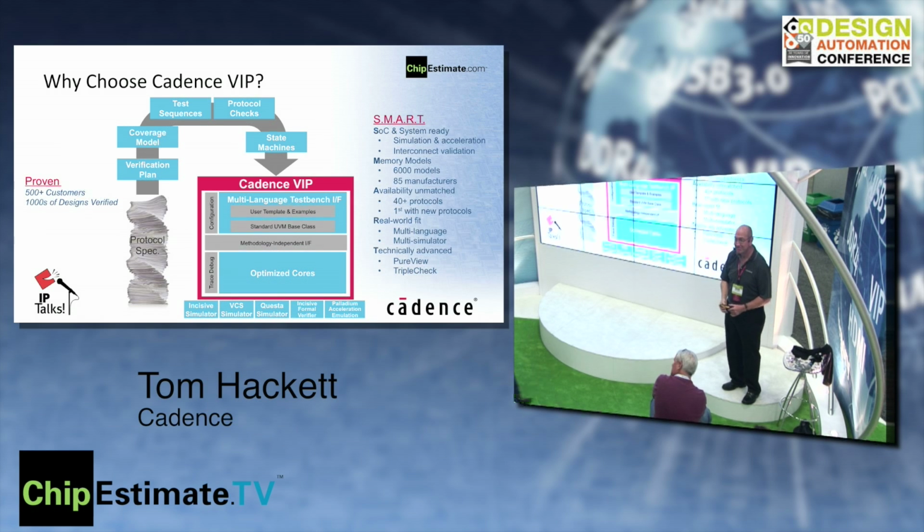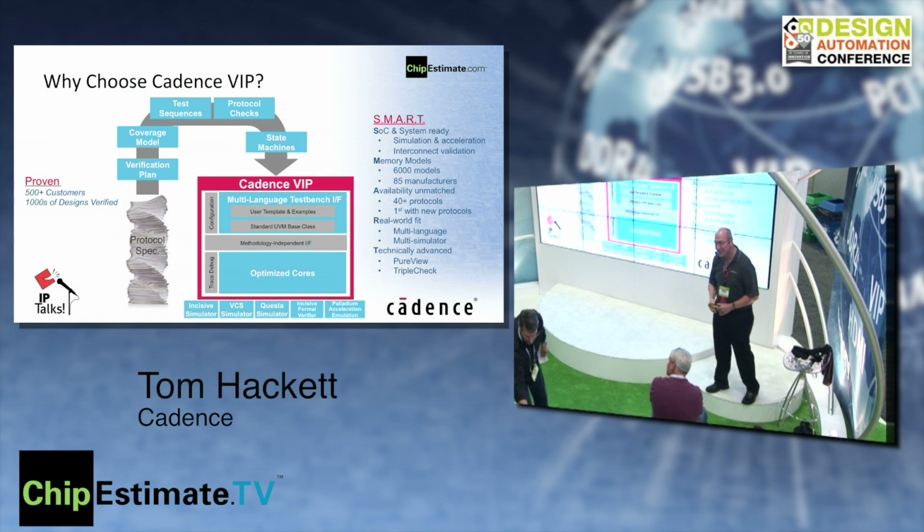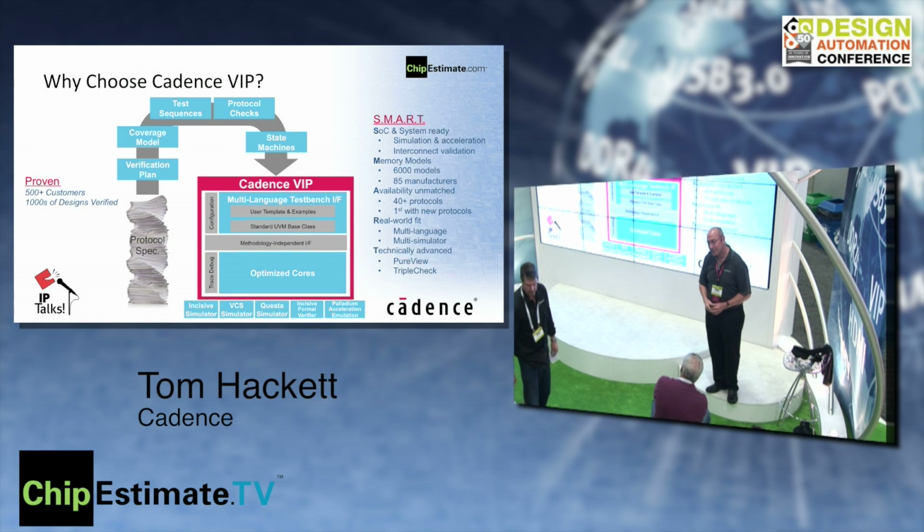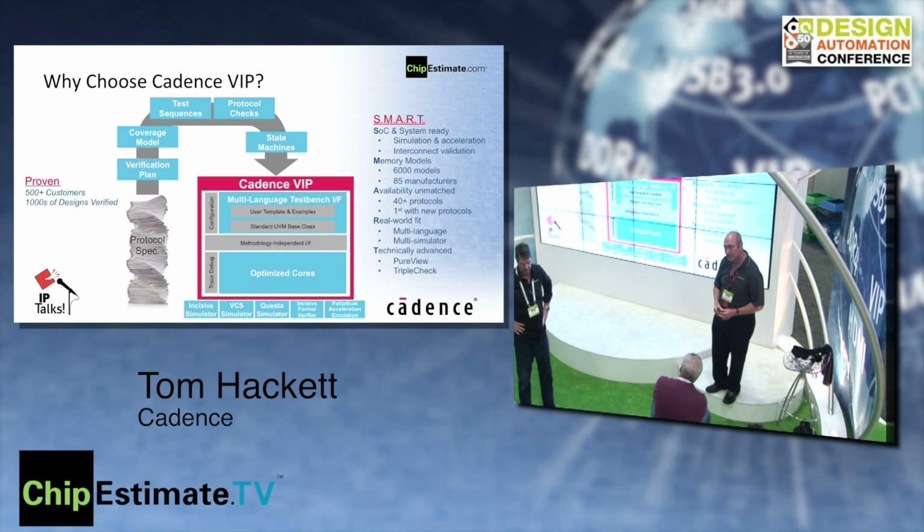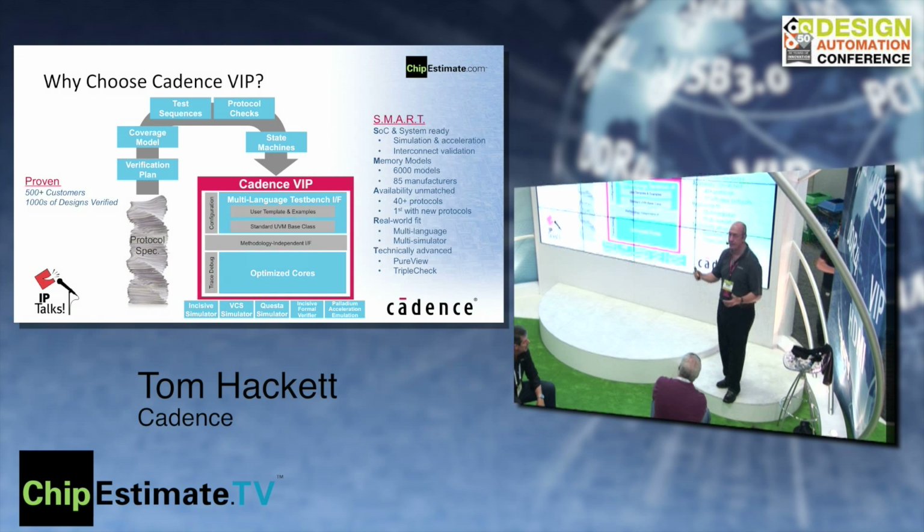Questions? Here. Yes. Suppose I'm a small company and I have my own IP, and I want to allow my customers to use it through Cadence VIP. Is that possible? We don't enable anybody to resell our product.